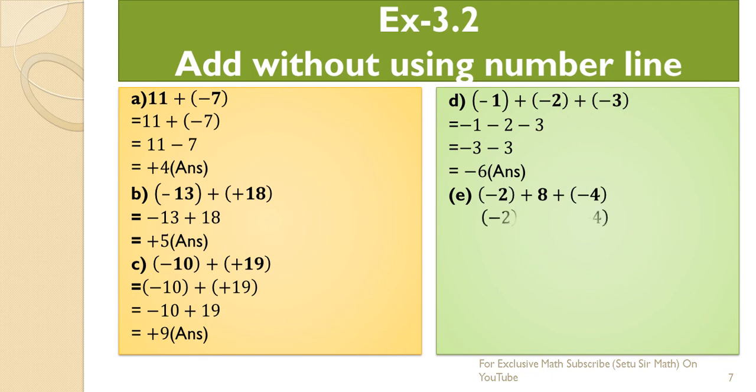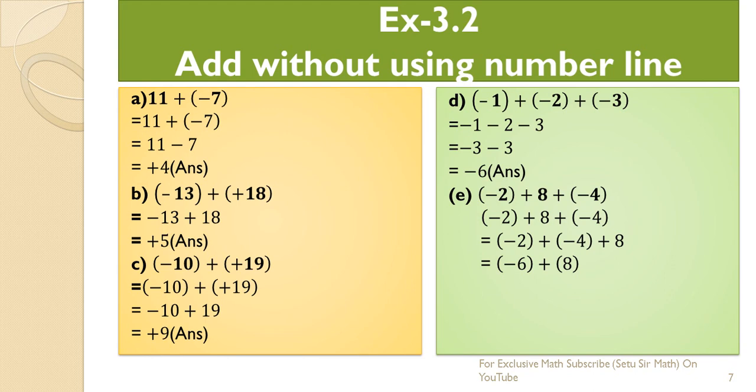Minus 2 plus 8 plus minus 4. So minus 2, if we arrange the minus signs together, you can see this line is happening. And minus 2 plus minus 4, that would be minus minus, that would be plus.